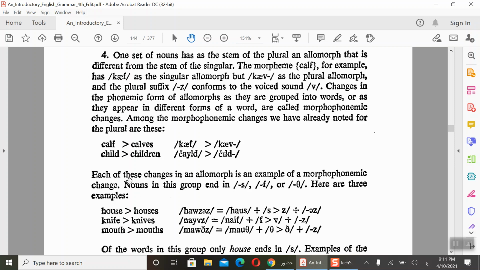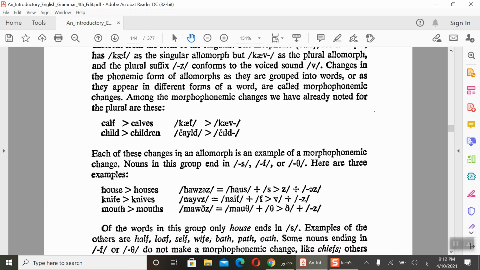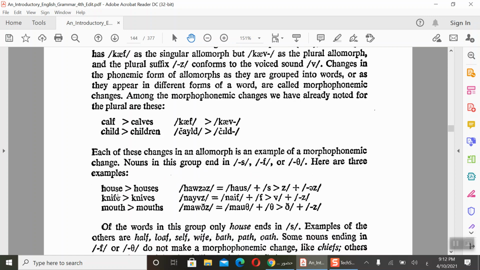We have another group. These changes are an example of morphemic change. It is called morphophonemic change. Nouns in this group end in s, f, or th, and change. For example, house, houses.